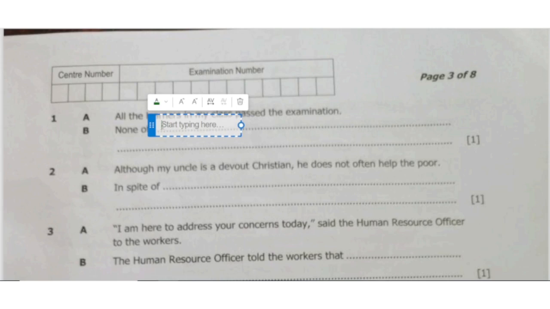So we are going to say none of the learners in my class failed the examination.